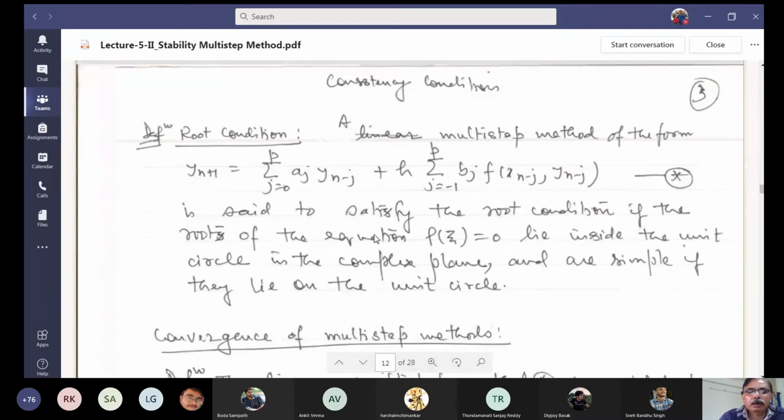So next, certain definitions are there. What is a root condition? Actually all those things will come, okay, let me tell that and then we'll see certain things.